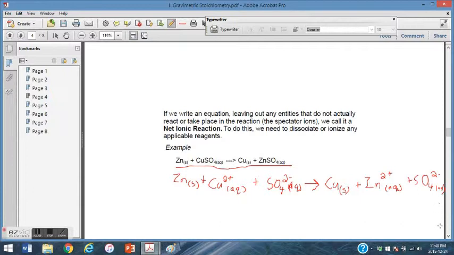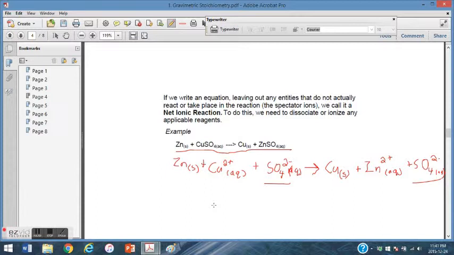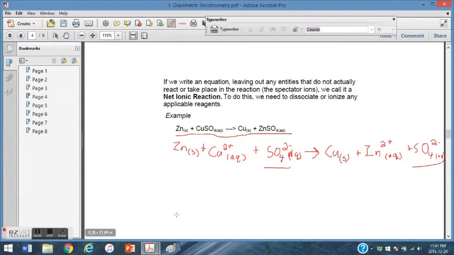And now we need to look at, if we're trying to write a net ionic equation anyways, is there anything that's the same on both sides? In fact, yes. Sulfate is here, sulfate is here. It is a spectator. So if I want to write the net ionic reaction, I write everything that I've got here except for the sulfates. I'm showing what's actually involved in the reaction.